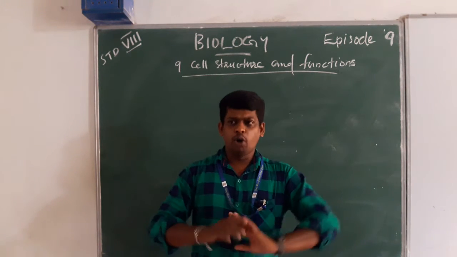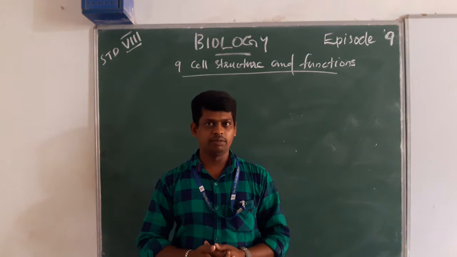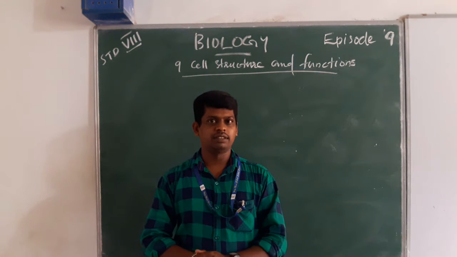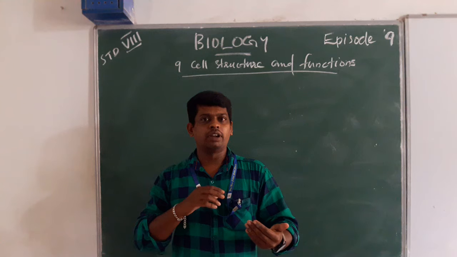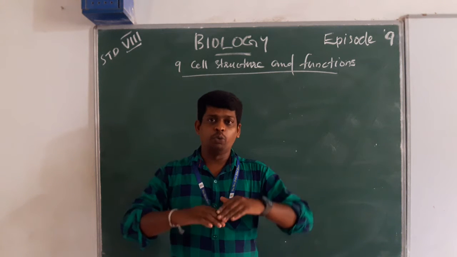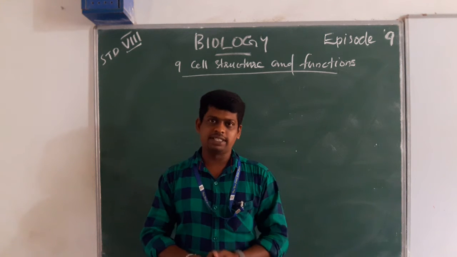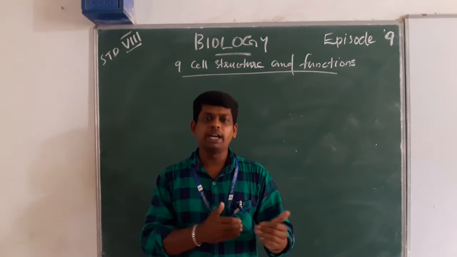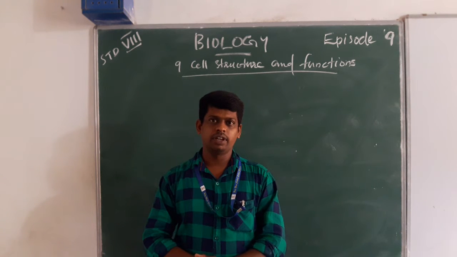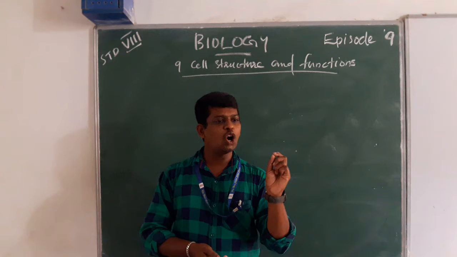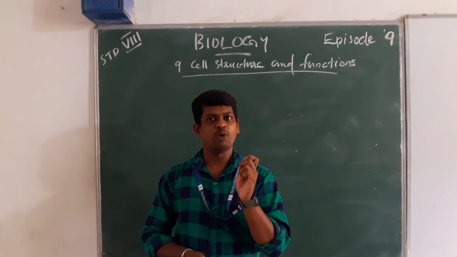Then, about the cells we were seeing, we are learning about cells like blood capillaries. The example is blood capillaries, the smallest veins, the smallest aortas.